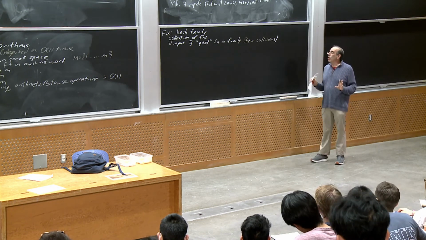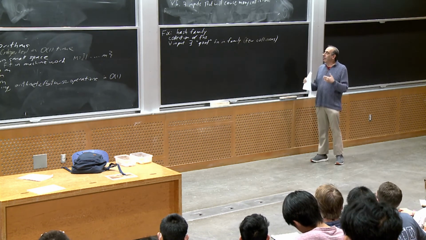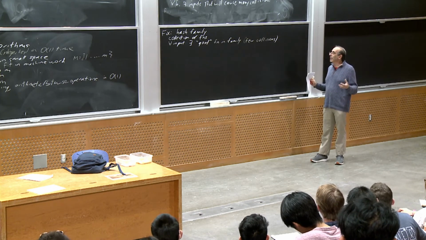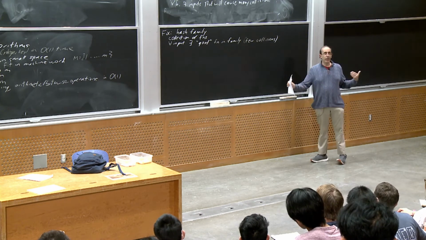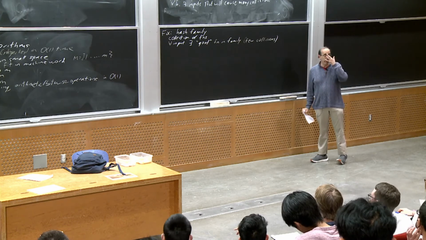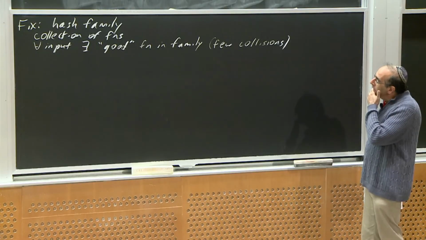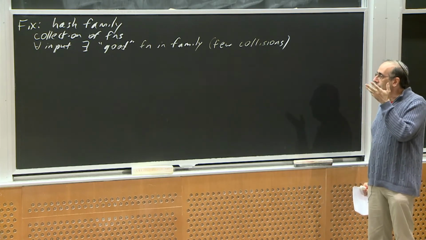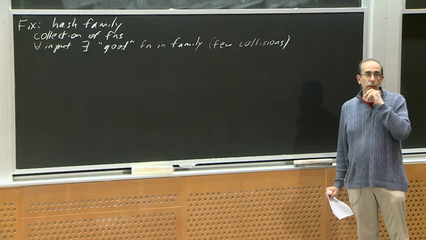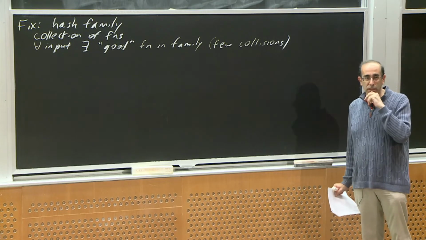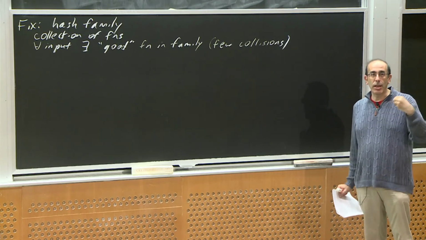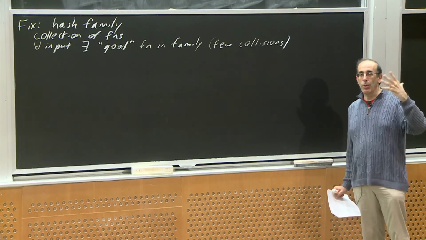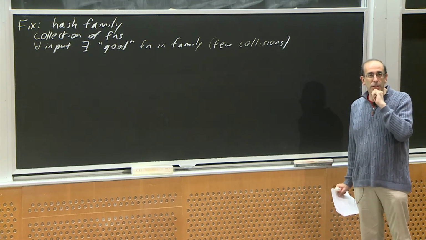But at least we might hope that, given a set of items, I can pick a good hash function from the family and use that to nicely spread out the items into my buckets. So do we have confidence that there is a hash family that we can use? Is there some set of functions that would guarantee that no matter which input you had, there would be a good function in the family?